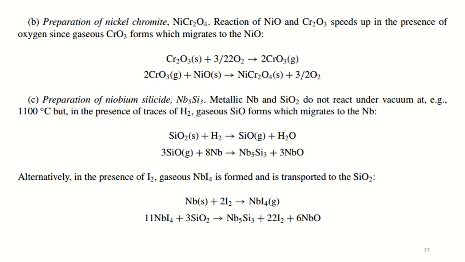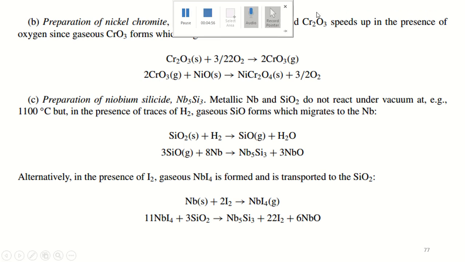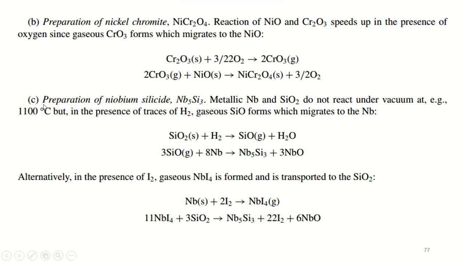The CrO3 is reacted with nickel oxide, which is a solid, and subsequently changes into nickel chromite and oxygen. Nickel chromite means NiCr2O4.